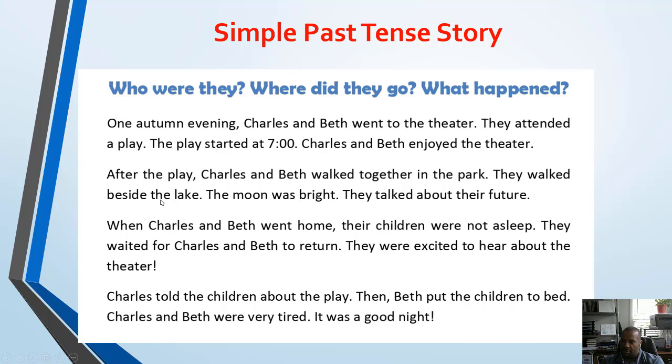They walked beside the lake. The moon was bright. They talked about their future. When Charles and Beth went home, their children were not asleep. They waited for Charles and Beth to return. They were excited to hear about the theater.